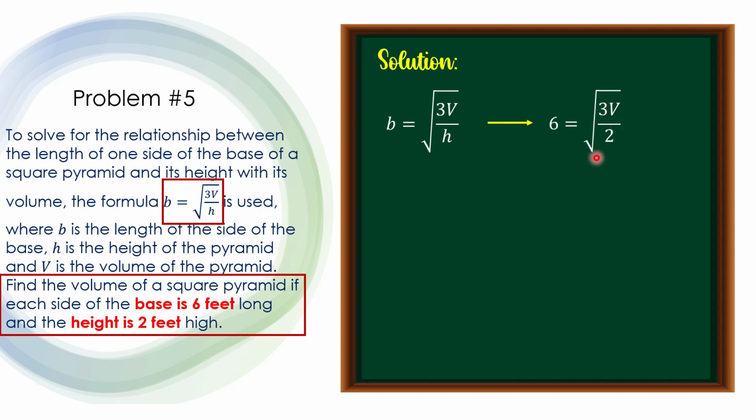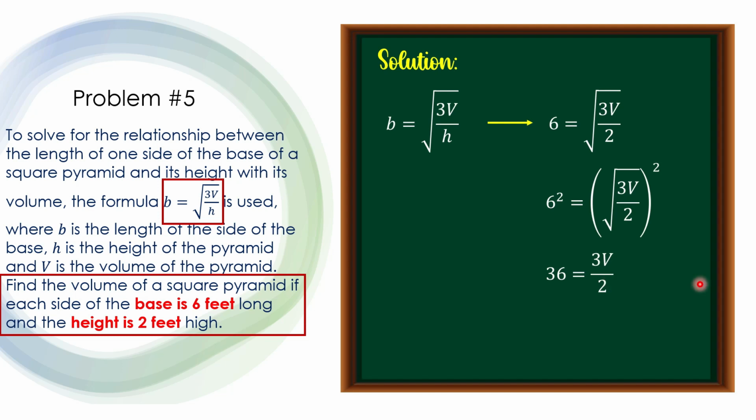So the same with number 1, 2, and 3, we will simply square both sides since we need to remove the radical symbol here. Therefore, we have 6 squared is equal to the square of the square root of 3V over 2. Therefore, we will have 36 is equal to 3V over 2. Remember how we isolate V here, given that its numerical coefficient is a fraction.